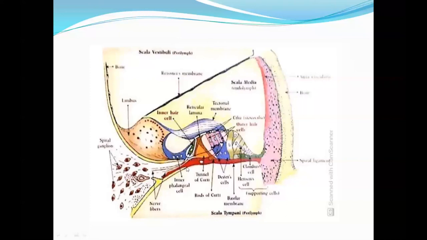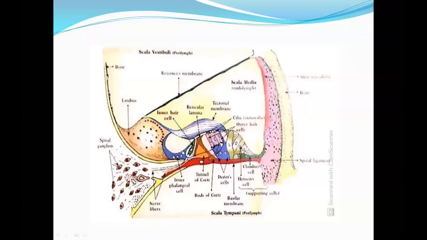On the basilar membrane is the organ of Corti, and from the basilar membrane, two rod-like structures move upwards, and these are called rods of Corti, and they have a tunnel in between. This is called tunnel of Corti, and this is filled with perilymph. Then this is limbus medially and stria vascularis laterally.